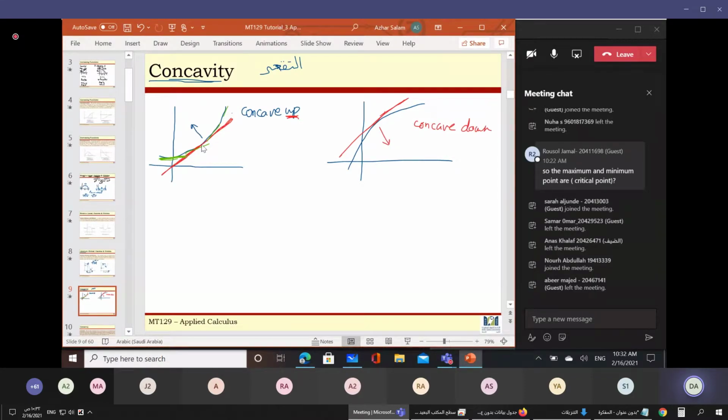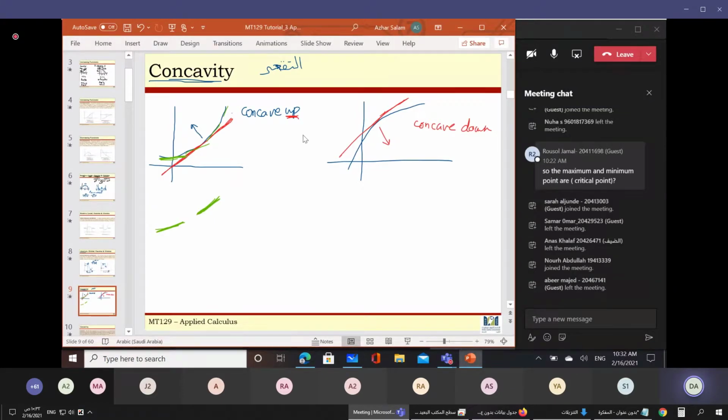الميل لكل ماس أرسمه كلما اتجهت هنا إلى اليمين يزيد السلوب، يزيد الميل. لاحظوا هنا مثلا هذا الخط تزايدي صح؟ لكن هذا الخط أيضا تزايدي لكن الميل أكبر. هنا الميل لهذا الخط أكبر من هذا الخط مع أن الاثنين تزايديين.